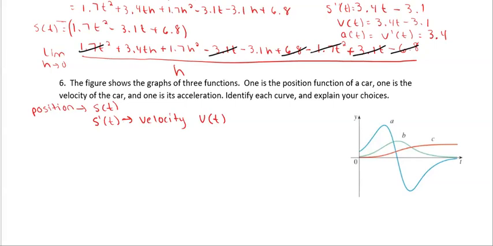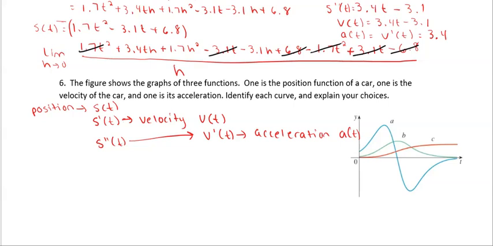And if we take the derivative of v of t, that gives us the acceleration, which is a of t. So the second derivative of the position is also the first derivative of the velocity, which is also the acceleration. So I made a little table here for you. Hopefully that helps you figure it out.